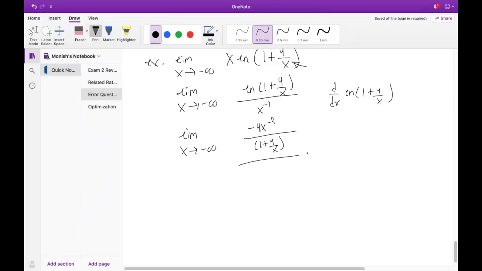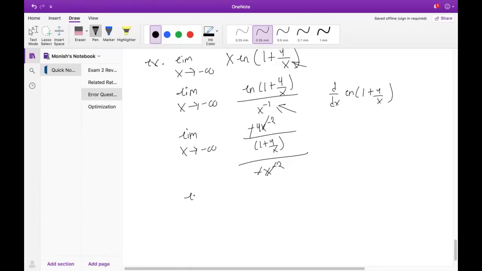And if I take the derivative of the bottom portion right here, I get negative x to the negative 2. From here, I can immediately cancel terms out, this with this, and the negatives too.